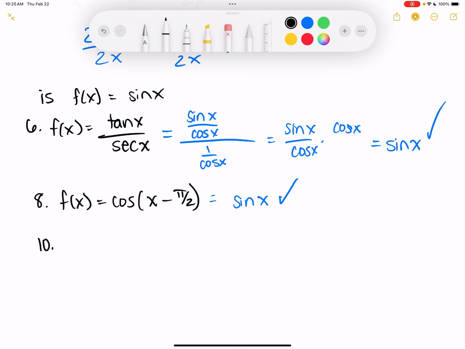10. F of x is equal to the sine of 2x over 2. So is that basically just the same as like 2 sine of x over 2? No, it's on the x, because it would be like that.